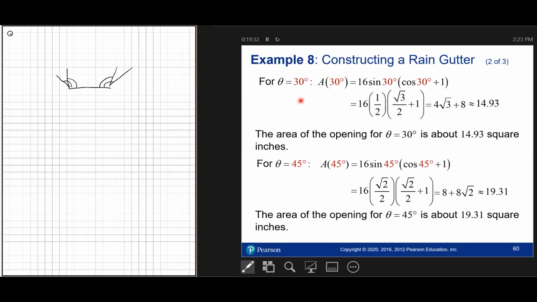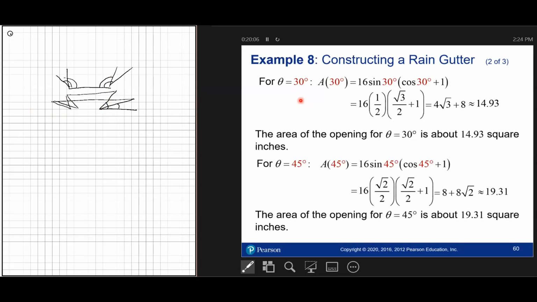So the 30 degrees was a pretty shallow angle. So that would be like that. And then the 45-degree angle would go like that. So with these two sides being at 45-degree angles to the flat, they create more volume than a 30-degree angle would on either side.